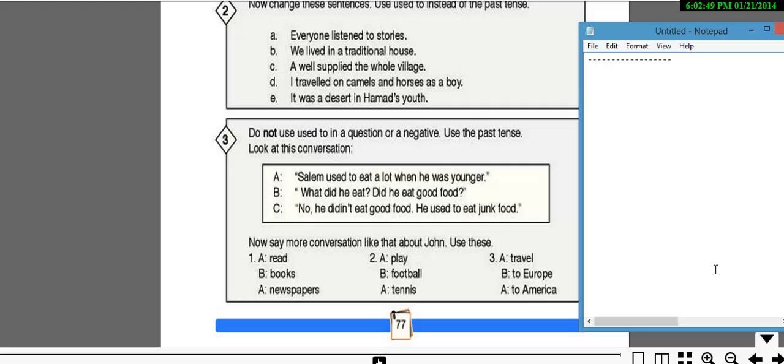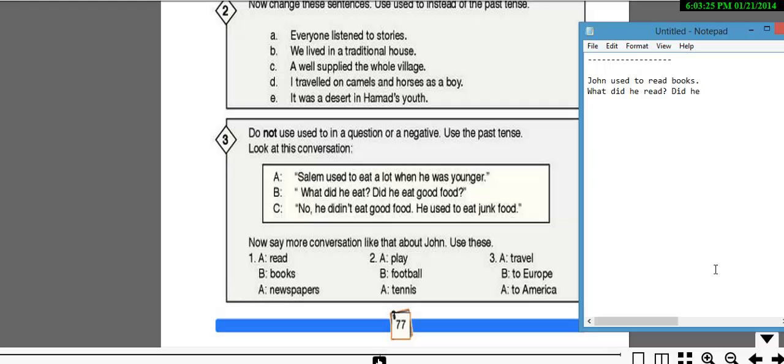So you can say John used to read books, and then you can say what did he read?